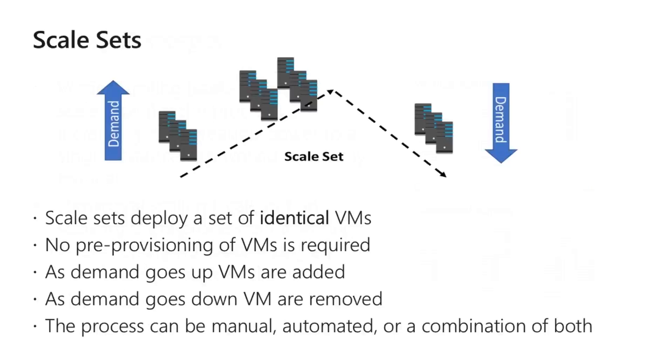So VM scale set will allow you to create the scaling provision. Means when demand is high, the number of instances automatically goes up, and when demand is low, instances automatically go down. How to create a scale set, that is called virtual machine scale set, we will see soon.